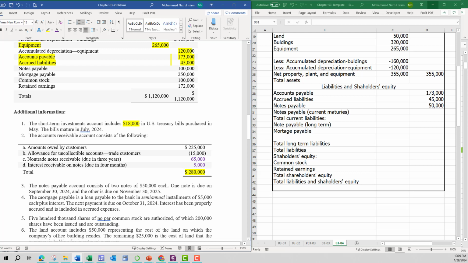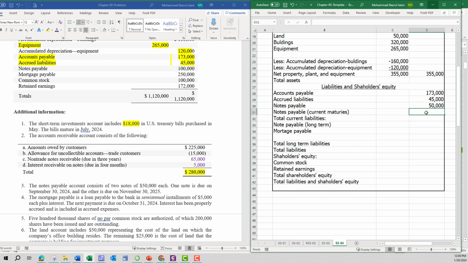Since annually we'll be paying both, 5 plus 5 equals 10,000. So 10,000, and the total current liability is this one.